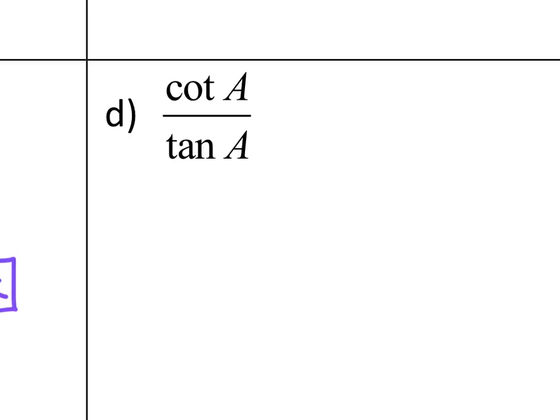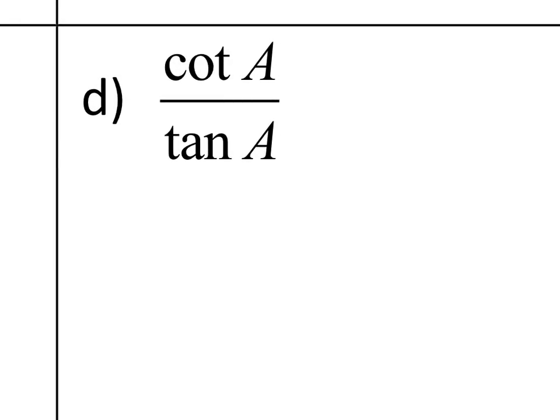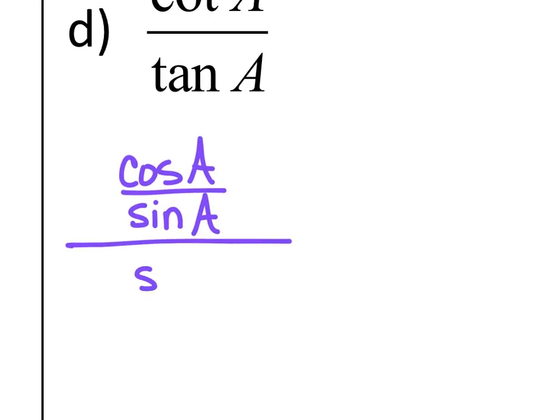So in this problem, I'm asked to change cotangent over tangent in terms of just sine and cosine. And remember that cotangent is cosine over sine, and tangent is sine over cosine.